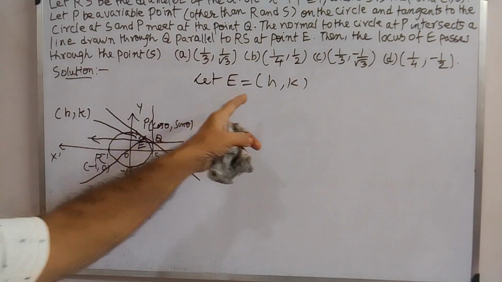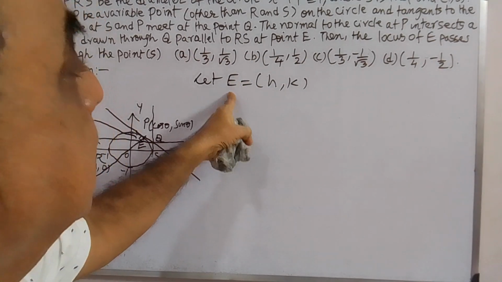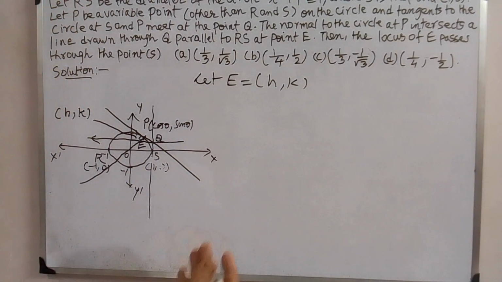Then, after finding the equation of the locus of the point E, I will check which of the given points are lying on that locus. That is the question.